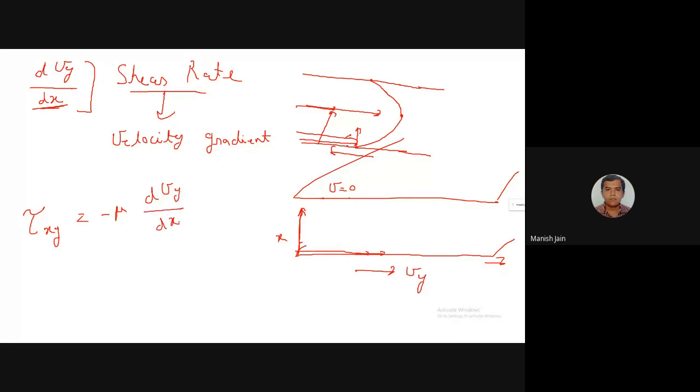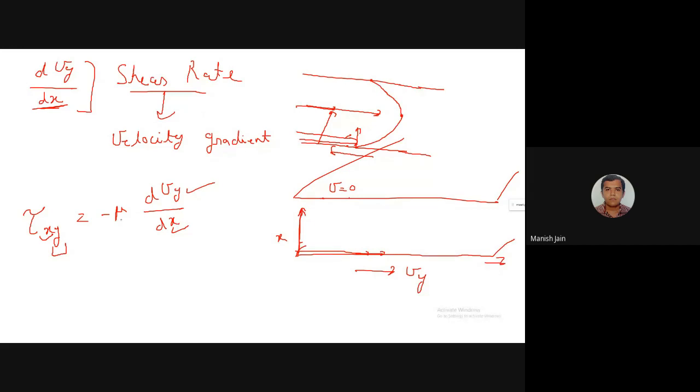Here you have to remember that the second index should be the same as the direction of velocity, and the first index should be the same as the direction of the gradient, dx. Remember that in Newton's law of viscosity and you will not get any confusion.